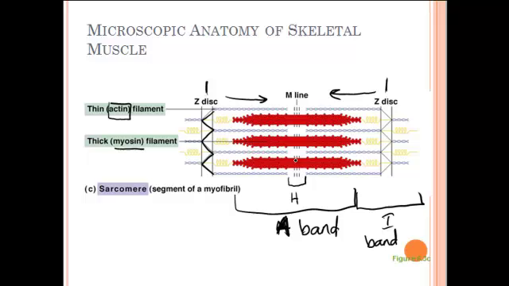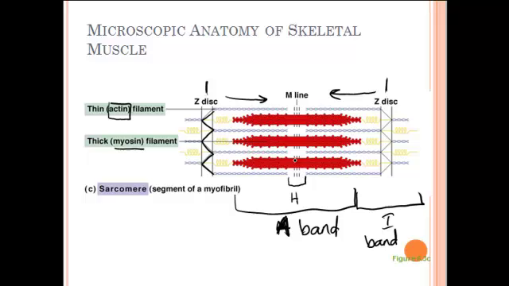This is going to cause a shortening of the muscle as a whole. So each sarcomere just shortens just a tiny bit, but there's all these sarcomeres, the length of the myofibril. And so over the course of the muscle cell, this is going to cause a shortening, and so your whole muscle shortens, and that's how muscle contraction happens.